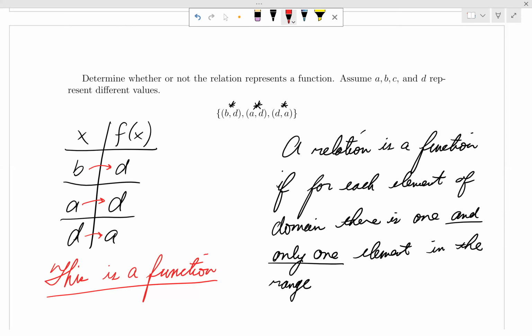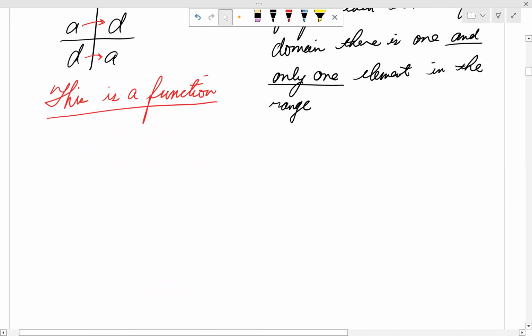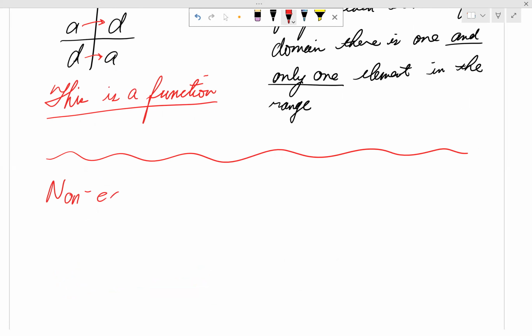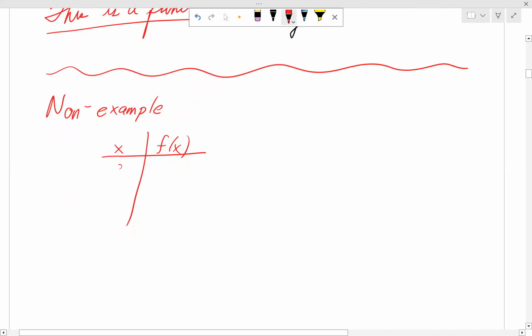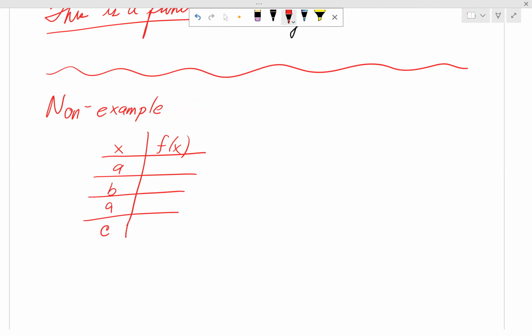So, like an example of something that's not a function. I'm going to do a little squiggle line and say a non example is if we had x, f of x, and let's say A went to B, B goes to C, A goes to C, and C goes to D. This is not a function because we have one element of the domain A that's going to two different elements of the range.